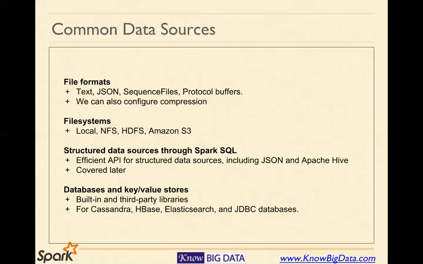Okay, so for databases and key value stores, it provides built-in libraries as well as third-party libraries for various kinds of databases, MySQL, Oracle, and so on. You can read data from them and process it in Spark. Even Elasticsearch and any JDBC database.